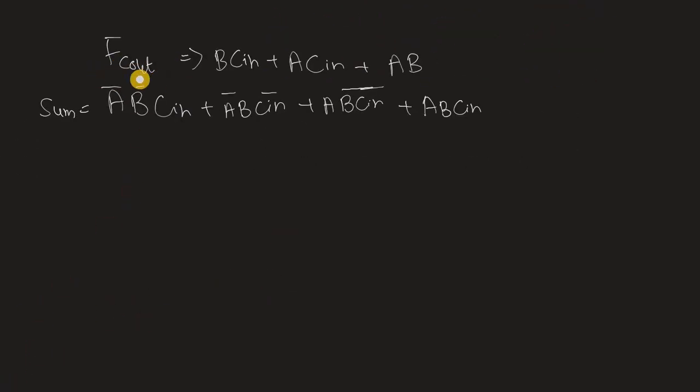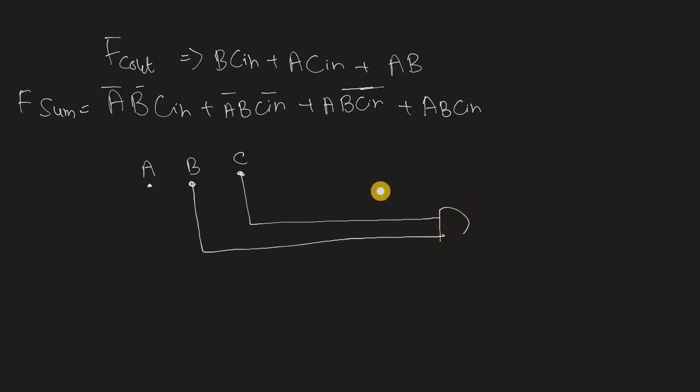Okay, let's go ahead and do it for the carry out. For the carry out, you have 3 inputs, right? A, b, and c in. So you can write them here: a, b, and c. These b and c are combined using the AND gate.